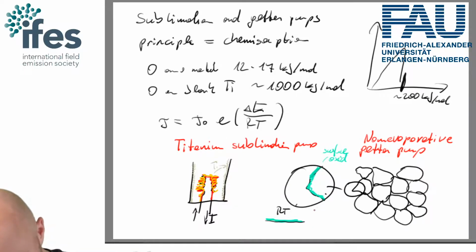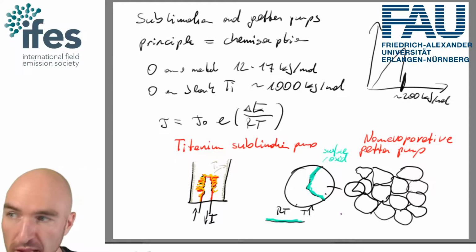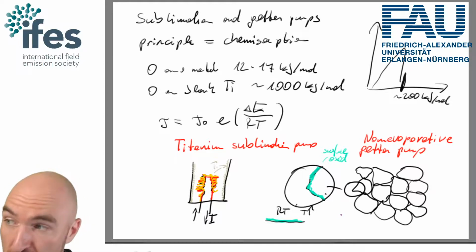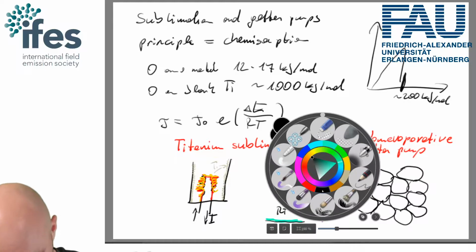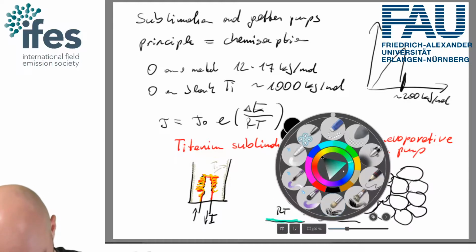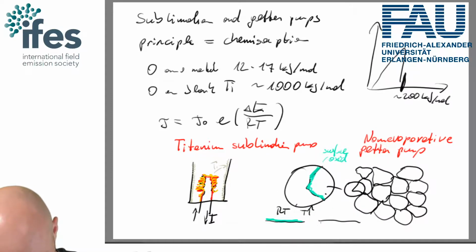And if you raise the temperature to, depending on the alloy, as low as 150 degrees, but let's say somewhere between 250 and 450 degrees, what will happen is that the oxygen will just be dissolved and you have a blank metal surface. And you do that with a sintered material.